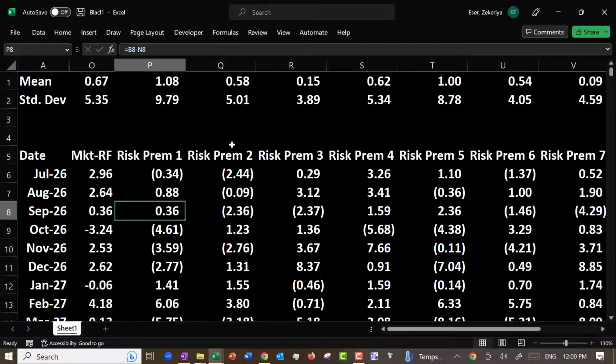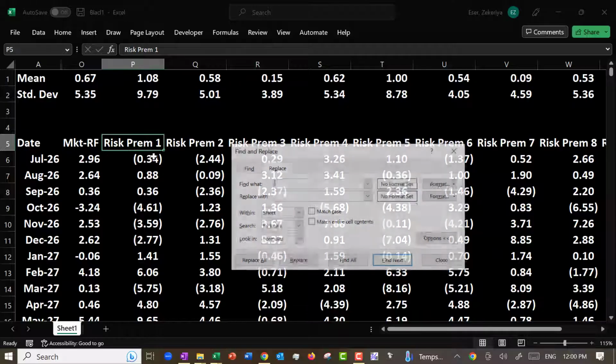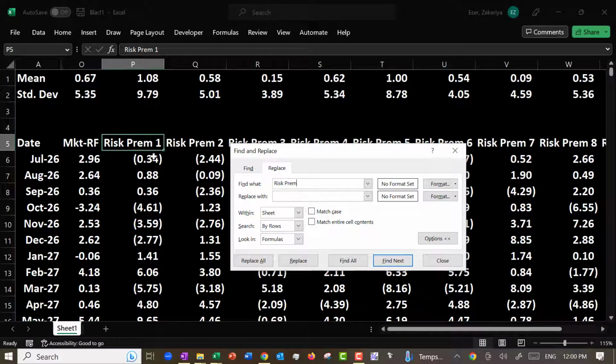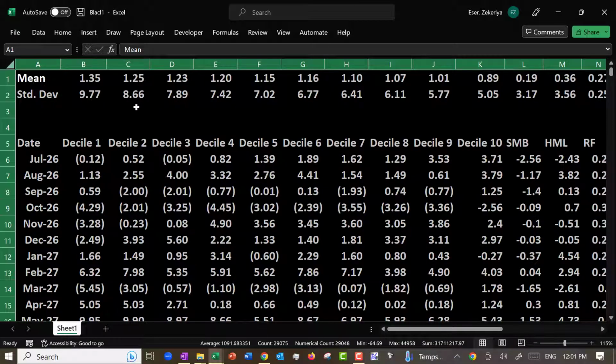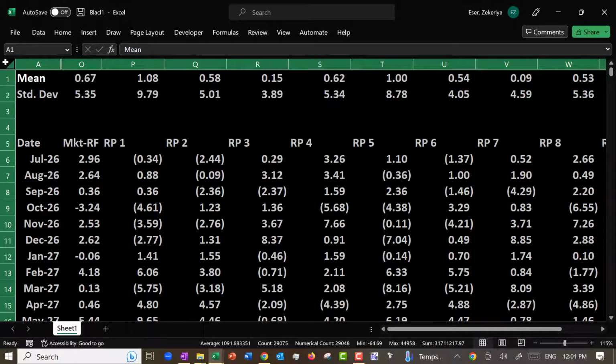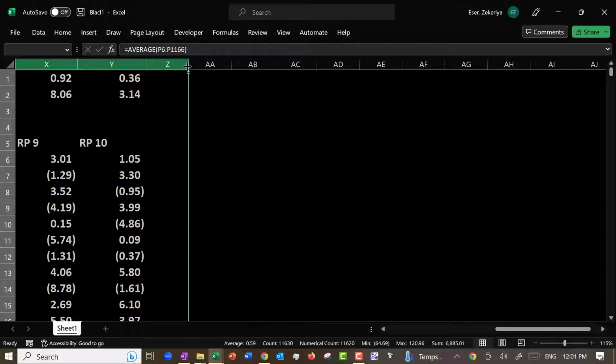I just want to maximize the viewable real estate here.